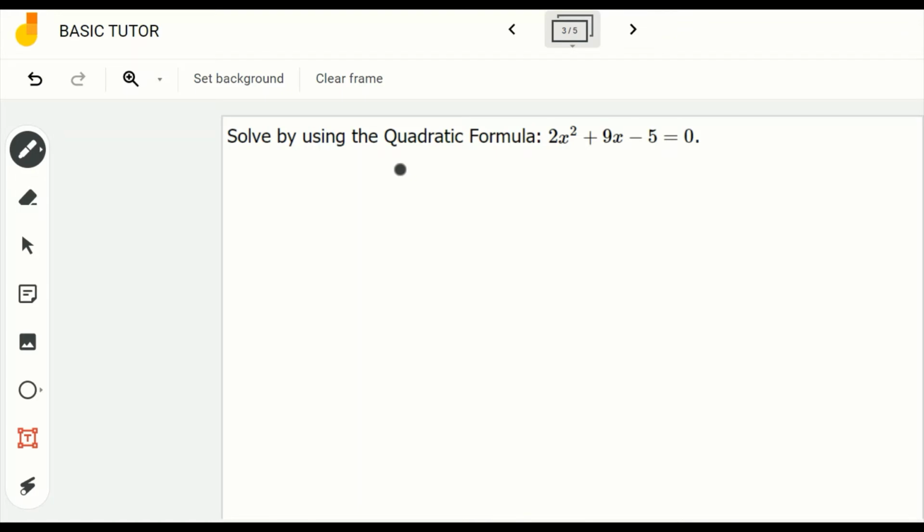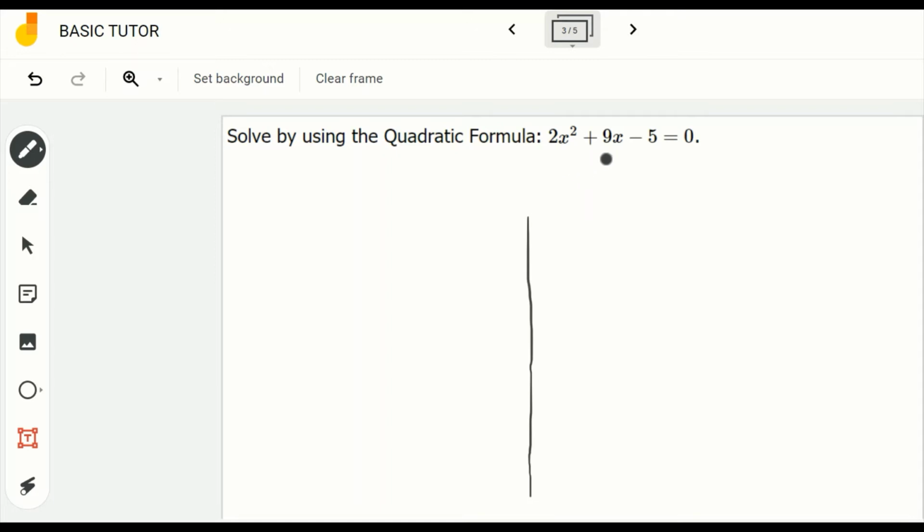So here is a very good example. We are asked to solve by using the quadratic formula 2x squared plus 9x minus 5 equals 0. The first thing we do before we solve this question is to identify our a, our b, and our c.